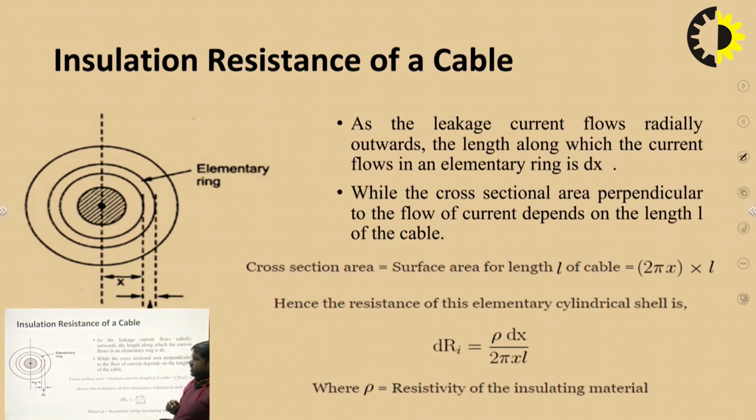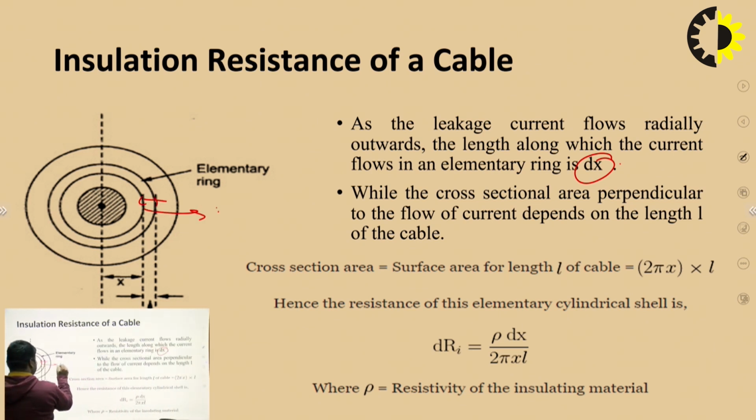As the leakage current flows radially outwards, the length along which the current flows in the elementary ring is dx. This is the elementary ring, this is dx, and this part is x.